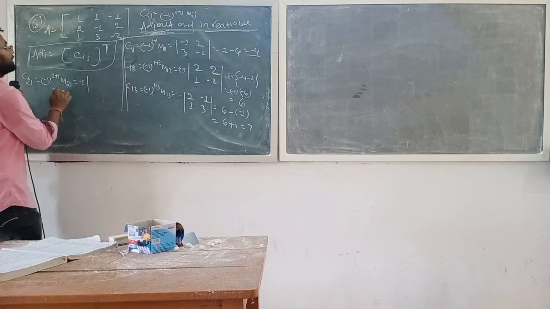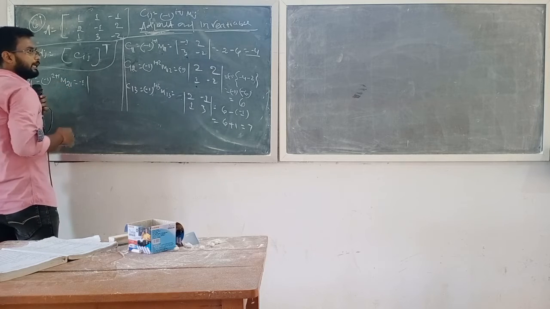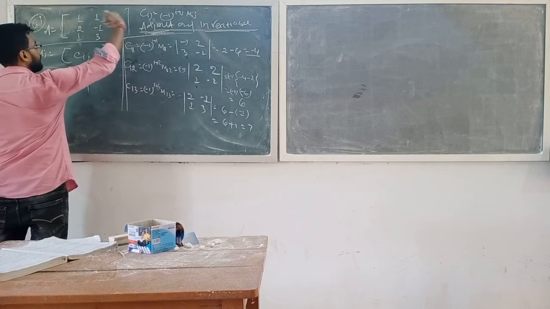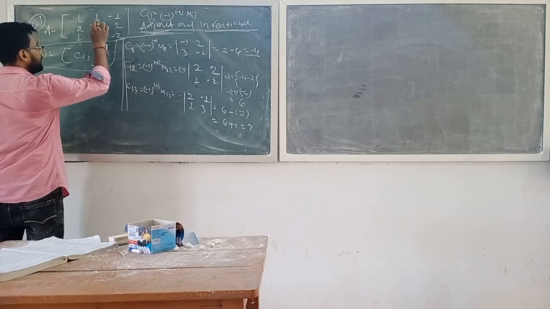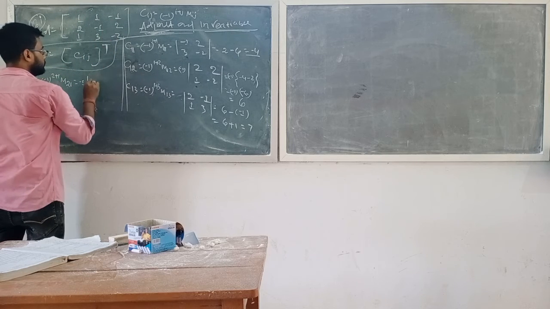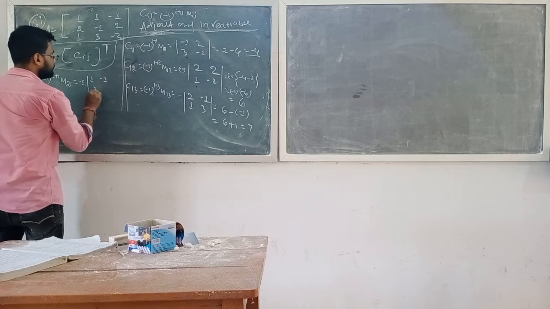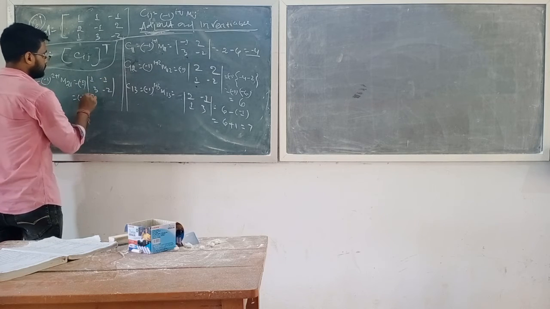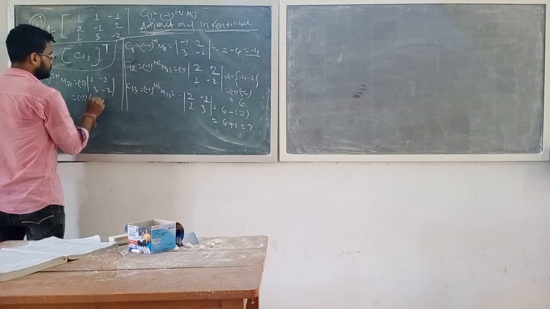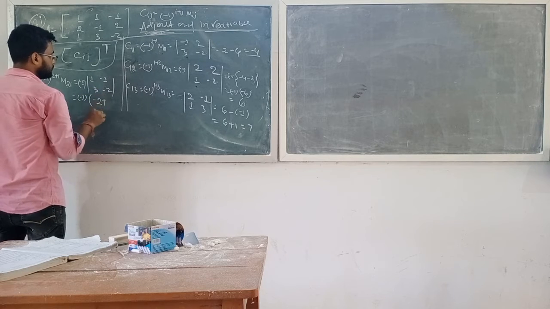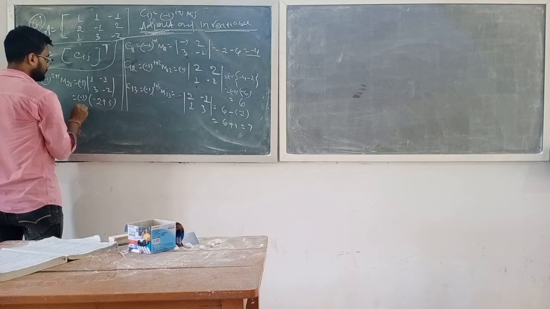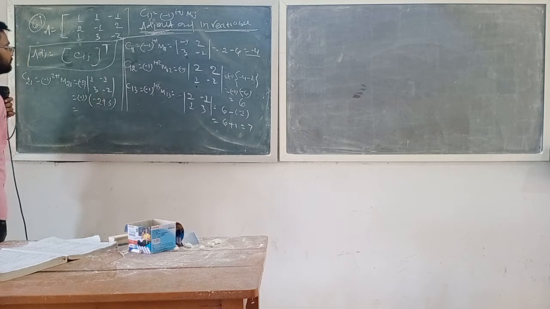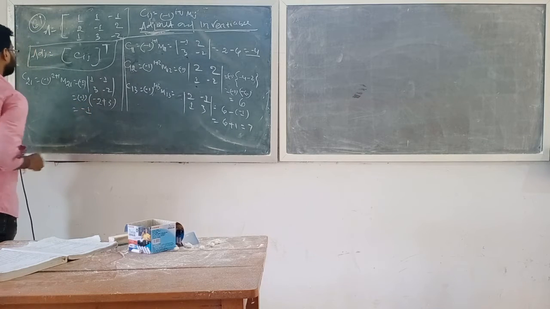M21: on deleting the second row and first column, the remaining elements are 1 minus 1, 3 minus 2. So -1 into that is -2 minus of minus plus 3. So that -1 into plus 1, that is -1.